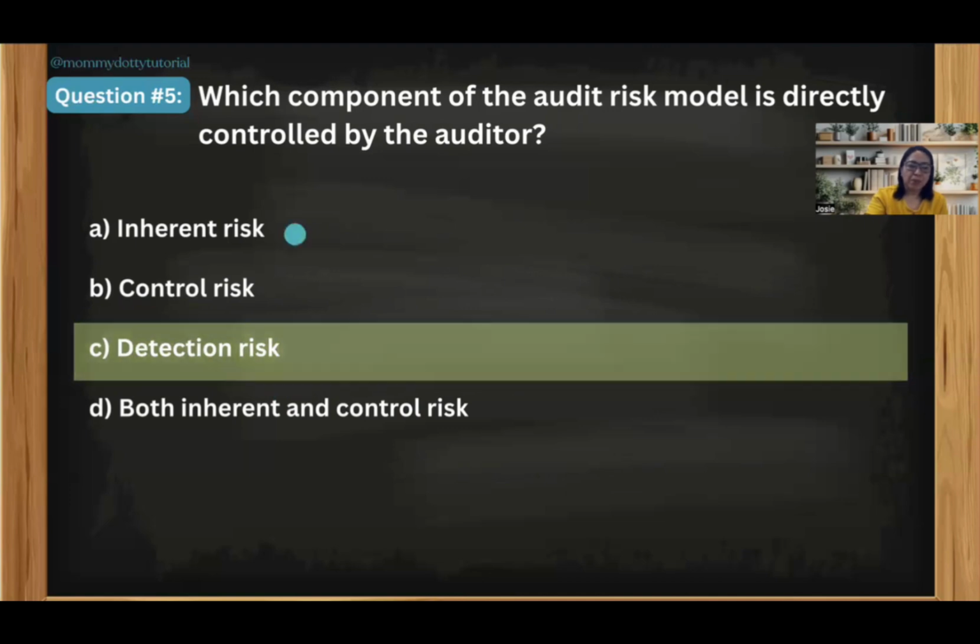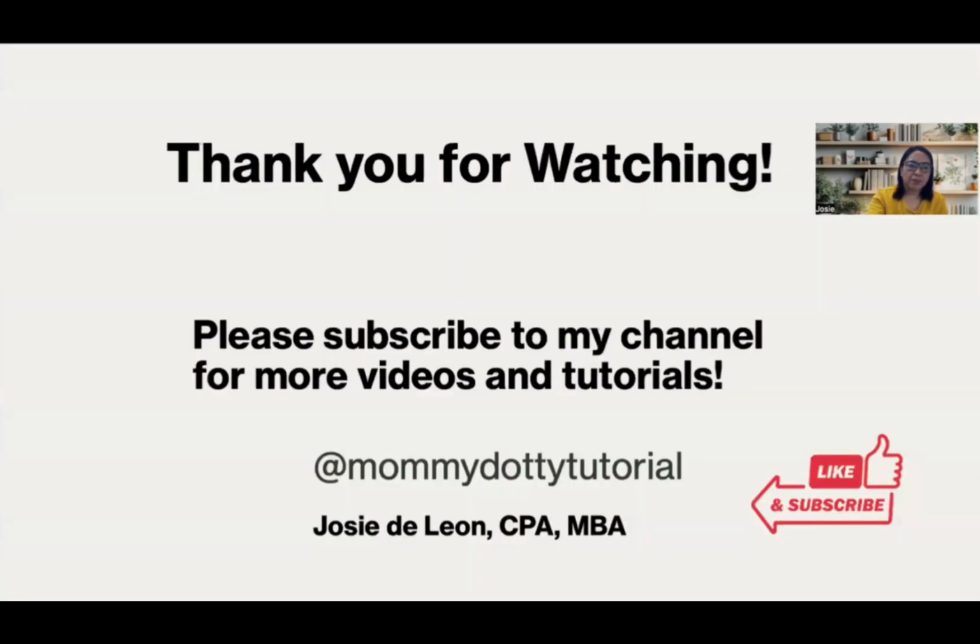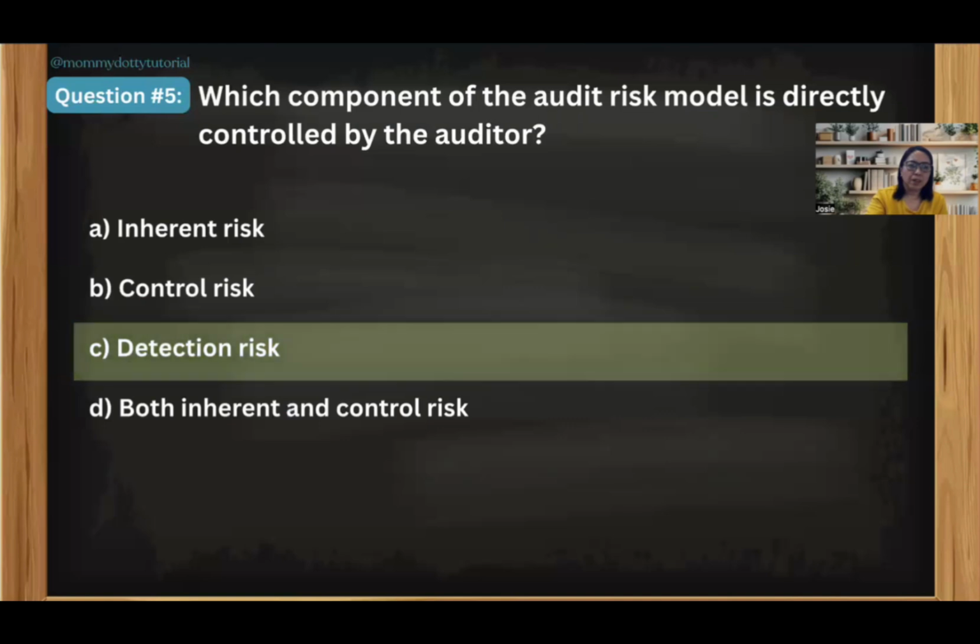So let's go back. Inherent risk, this one is nature. Ito na yung pinaka-nature. Yung inherent risk, ito na yung tinatawag nating nature. Inherent. Sorry for my handwriting. It's difficult to use a mouse.